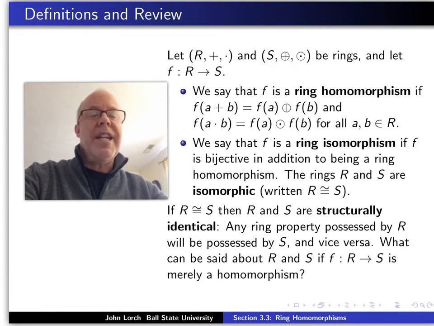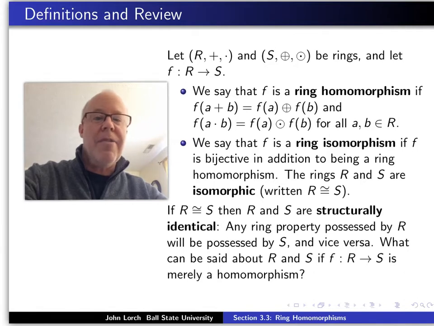If in addition your ring homomorphism is bijective, then you have what's called a ring isomorphism. And we saw last time that if you have a ring isomorphism, that means the two rings R and S are essentially the same ring. Any difference between them is entirely superficial, and the intrinsic ring properties that they have would be shared in common.